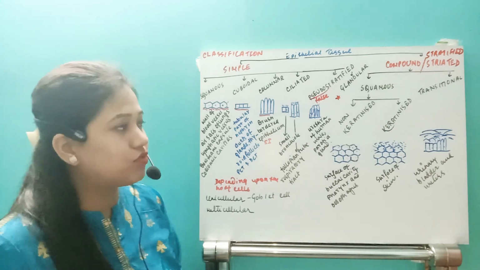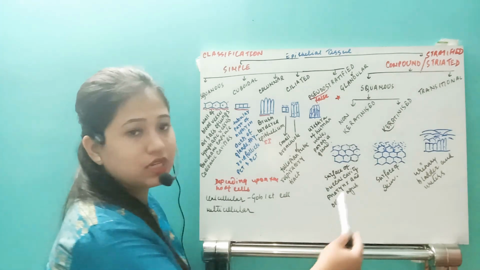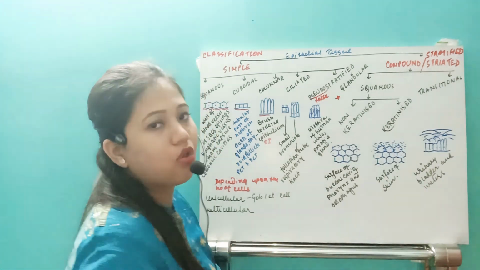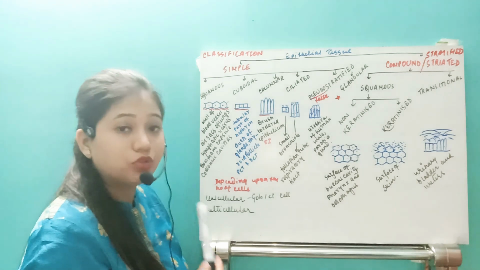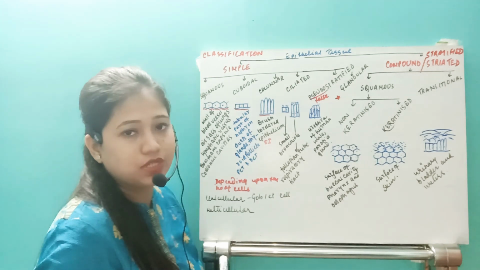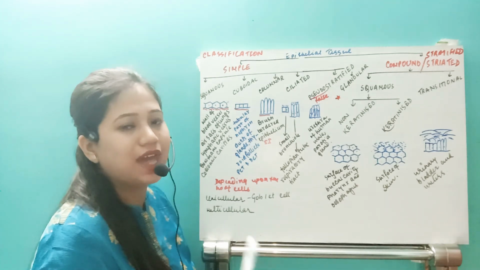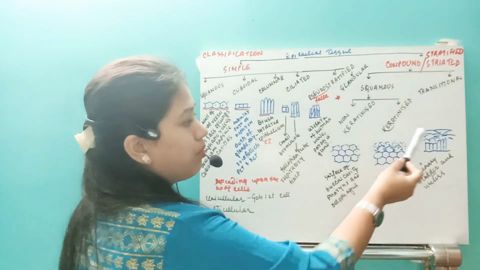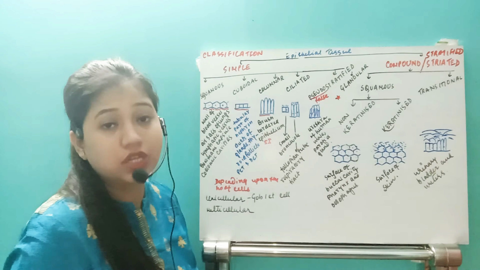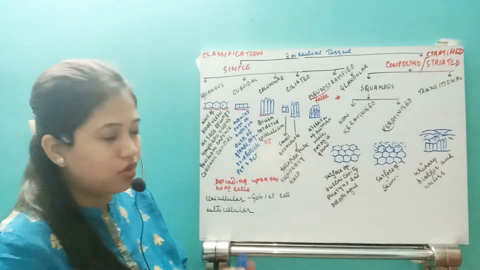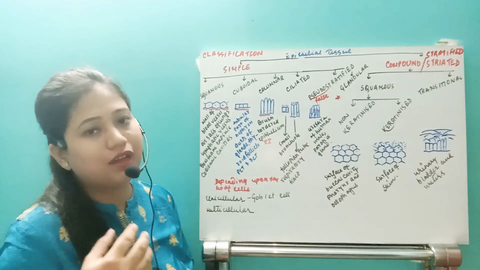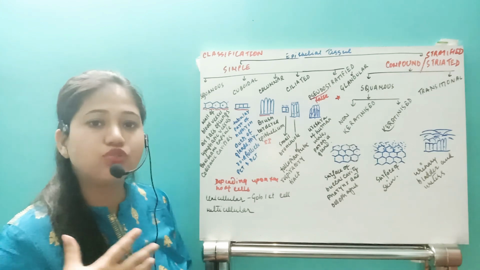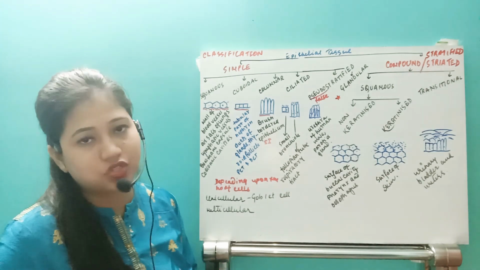So beneath it can have cuboidal, columnar or hexagonal squamous cells, but on the surface of the transitional epithelium, very flat oval cells will always be present, so that other tissues can easily glide over it.